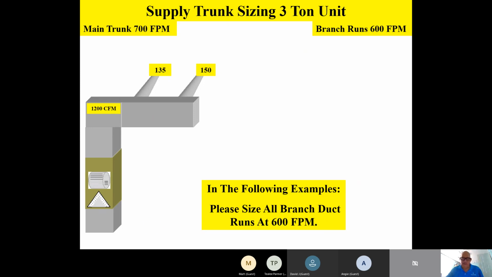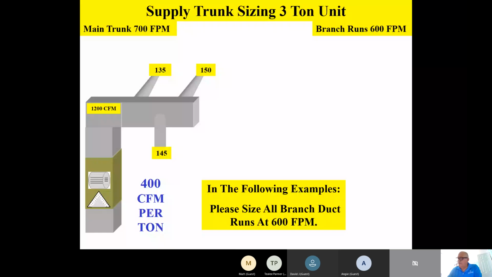Okay, well, the last takeoff we're going to take off before we transition down is 145 CFM. It's kind of right in between 135 and 150. Take a look at that. If you take a look at your air duct calculator, that looks like you're going to need about another 7-inch round duct.